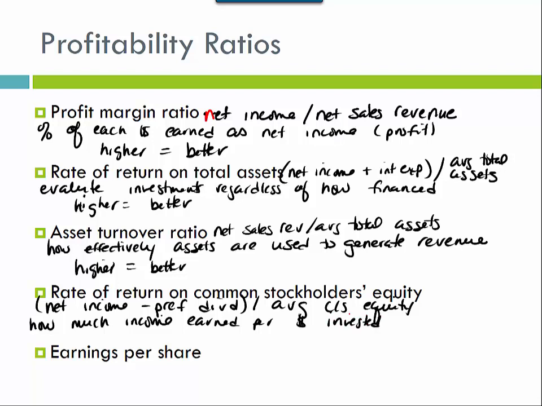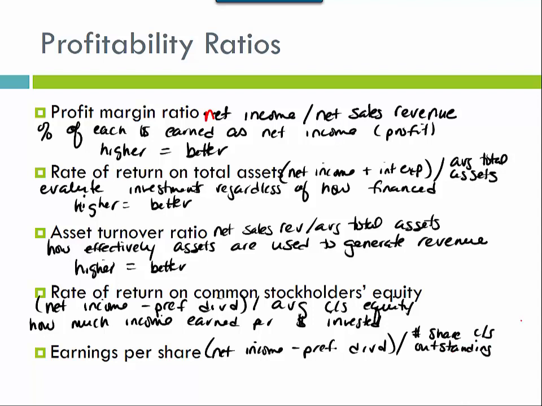And then the last one here, earnings per share. Again, it's net income minus preferred dividends, if you have them, divided by the number of shares of common stock outstanding.